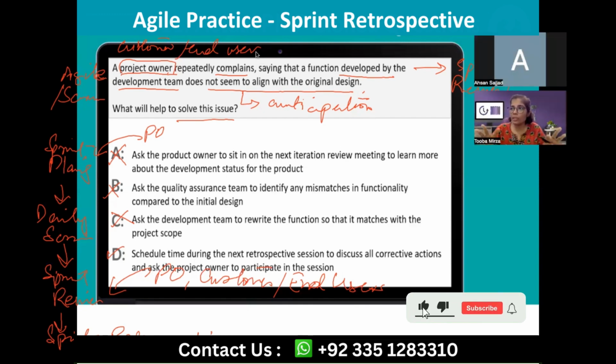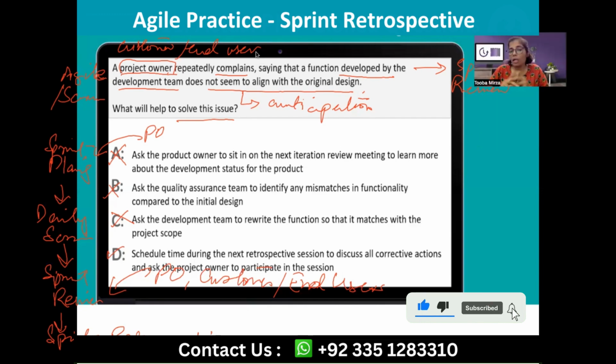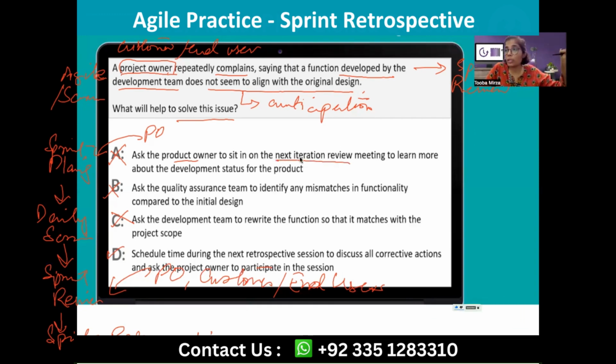Let me complete and then I will take you. Now, on that ground, I am going to altogether eliminate this option. How? Ask the product owner to sit in the next iteration review meeting. You are asking him to hold on to his queries till the next iteration review.